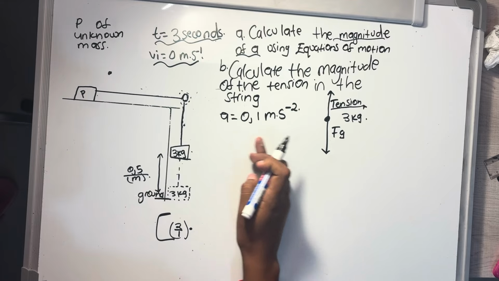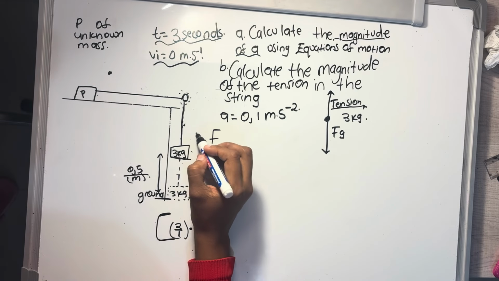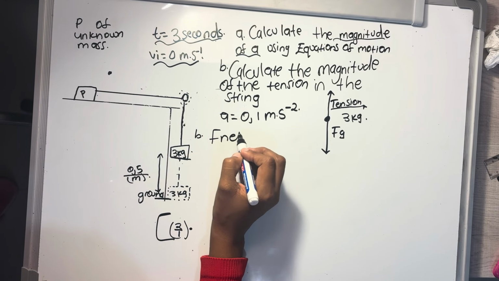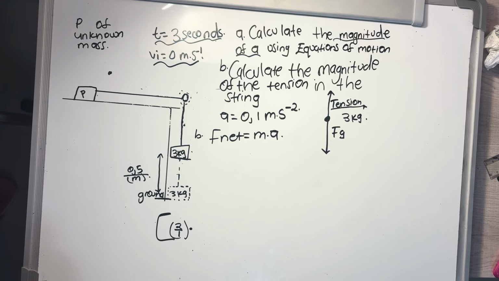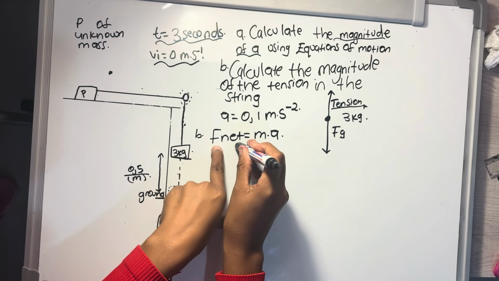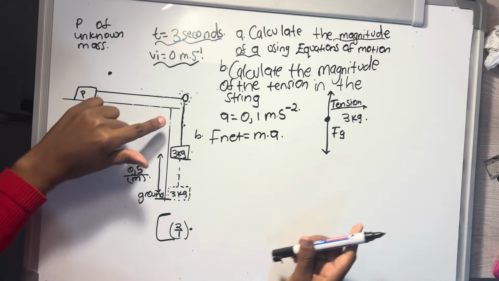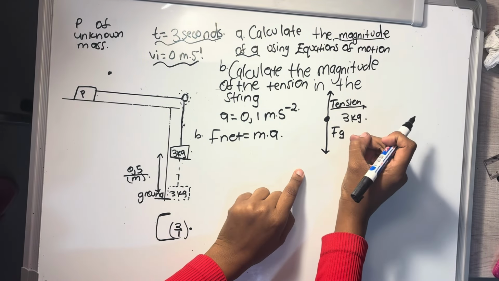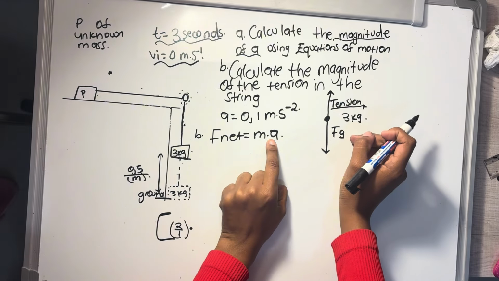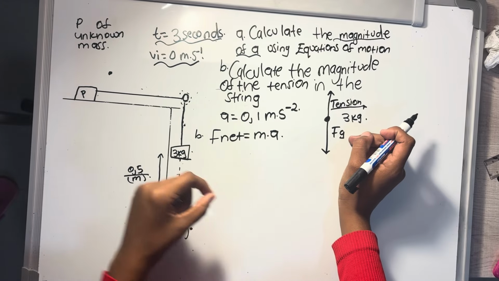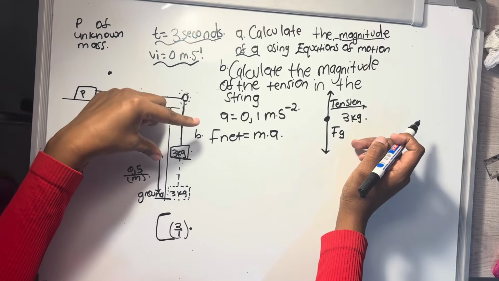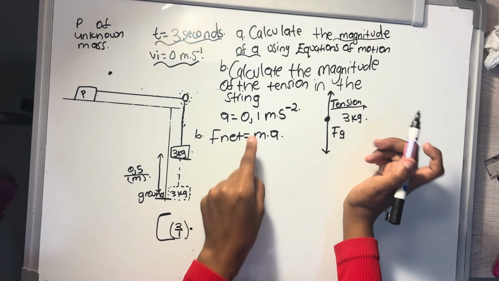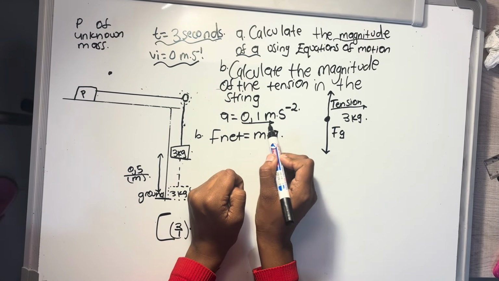Now let's note, this is for B, F net equals m dot a. Now, if you look at all the forces acting on the 3 kilogram block, it's this tension and it's this Fg. You're not going to equate them to 0, because we know once we let go of the 3 kilogram block before it hits the ground, it will have an acceleration of 0.1.